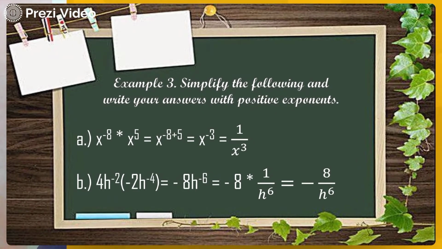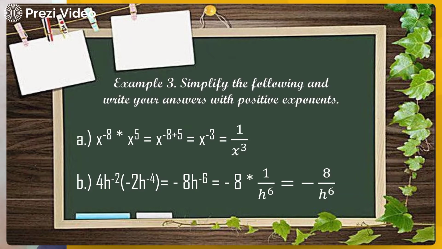We multiply 4 times negative 2, and the answer is negative 8. Then for h, since the base is the same, we add the exponents: negative 2 plus negative 4 is negative 6.